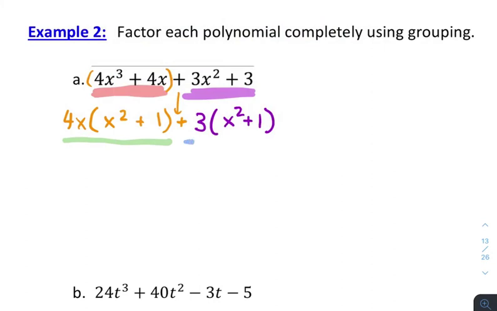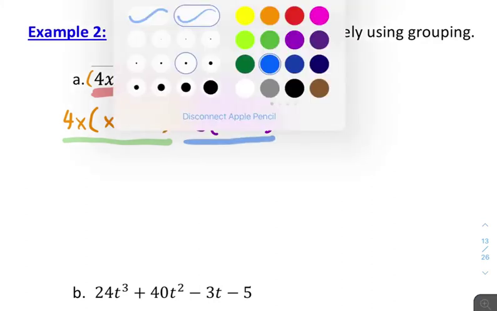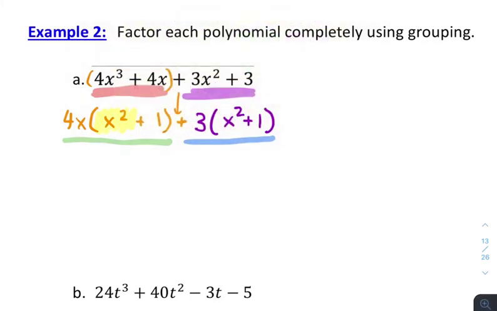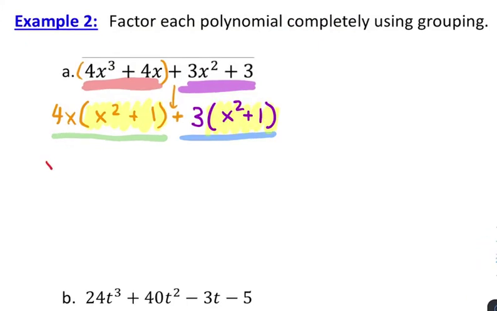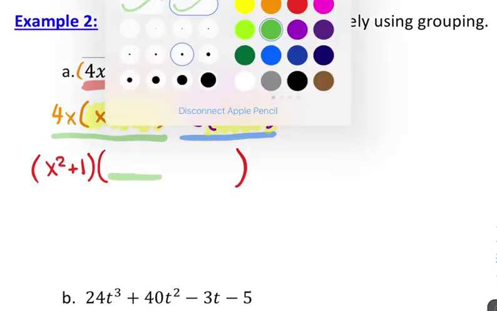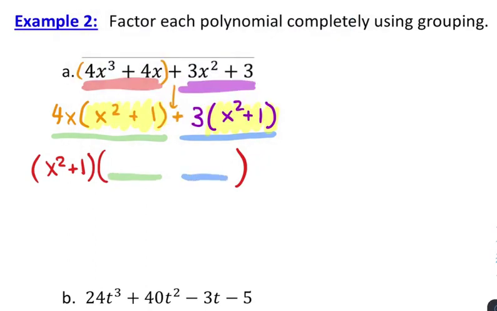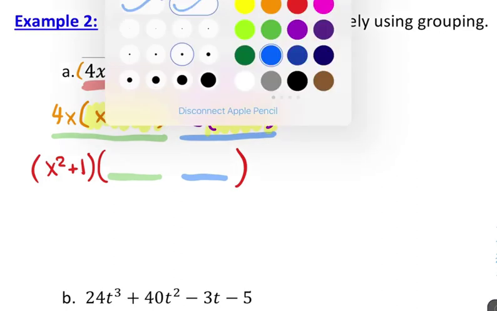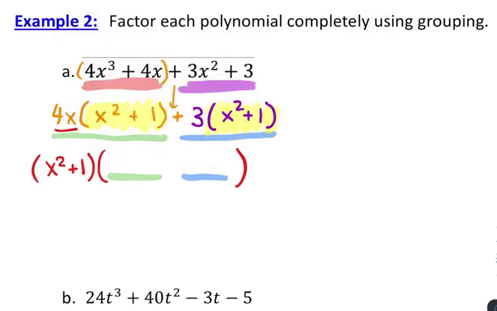And then if you notice, from the way that we've rewritten this, you have this set of terms being multiplied in green and in blue. And in that set of terms, each of them shares a factor of x squared plus 1. So I can factor that x squared plus 1 out of my whole entire expression, and that'll leave me with, if you look at what is left in your blue expression and your green expression, a 4x from your first set of terms, and then plus in the middle, a 3 from your second set of terms.